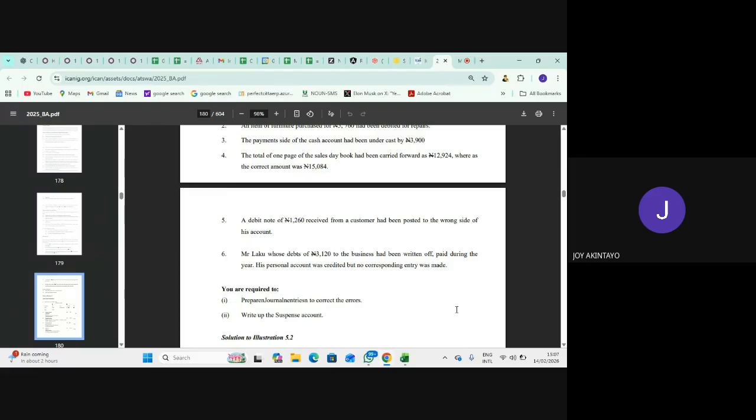What should be the corresponding entry for this? We are receiving money from the customer.